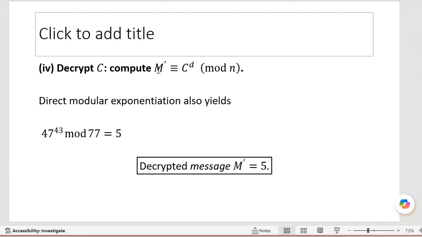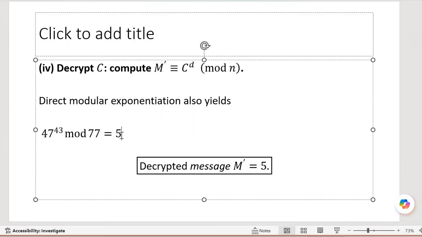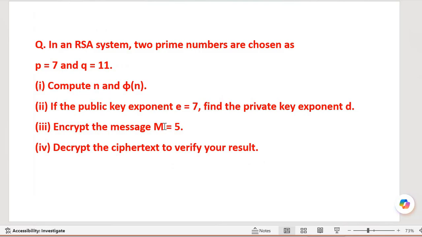You have to remember this equation, then only you can do this calculation. You can use a calculator, but you should know this equation. If we are getting the same value, m is equal to 5, you can check that this is the same number given in the question, the actual message. So decrypt the ciphertext to verify your results. That was the fourth part of our question.